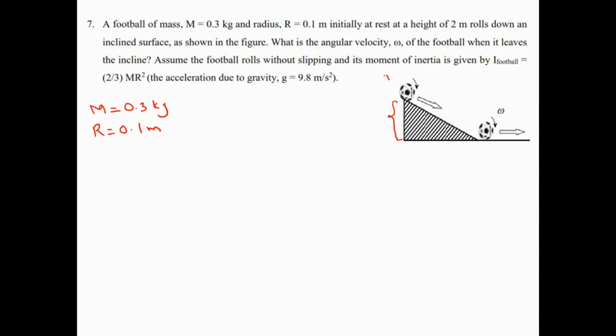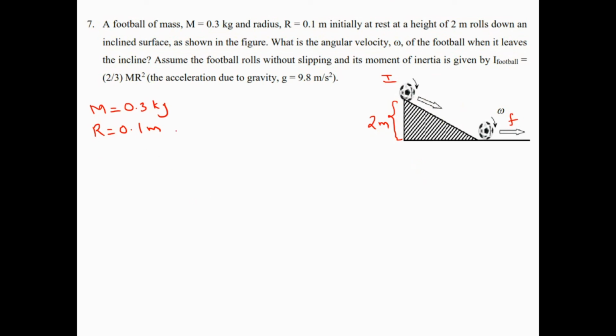So this is our initial condition and this is our final condition, the initial point and the final point. The height here is 2 meters. Then the ball rolls down the inclined surface as shown in the figure. What is the angular velocity omega of the football when it leaves the incline?